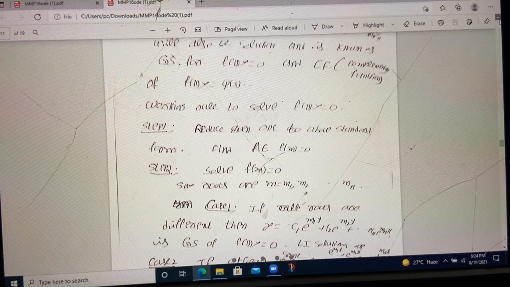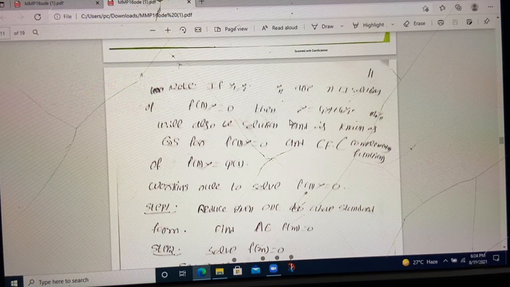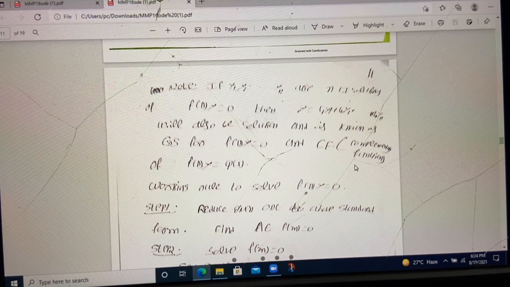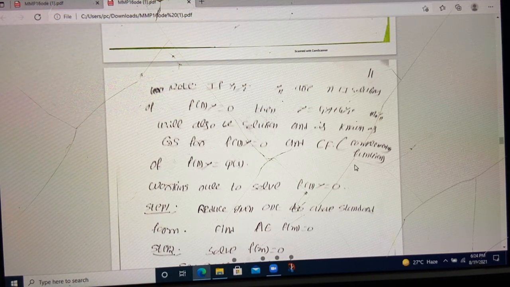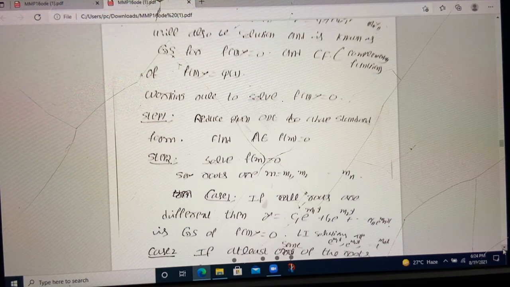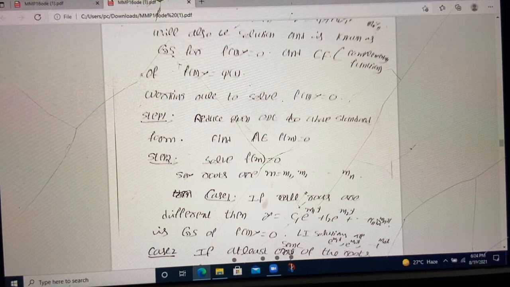Whenever y1, y2, ..., yn are independent solutions, the linear combination is also a solution. So we can use that because e power m1x, e power m2x, ..., e power mnx are independent, since m1 is not equal to m2 and so on up to mn.